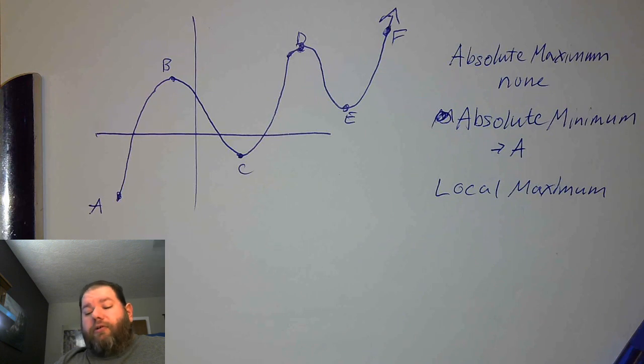So if we think of the local maximum as a point that's on the top of a hill, which point or points seem to best coincide with that? Point D. Yes, point D. There is a second point that is a local maximum. B and D. Yes.